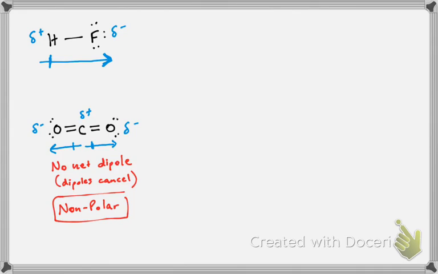All right, so now let's look at something like water. We found that water was actually a bent structure. It's not a linear molecule. And again, with your periodic table handy, you can figure out that oxygen is more electronegative. So it's going to take on a partial negative, and the hydrogens are less electronegative, so they're going to be partial positive.